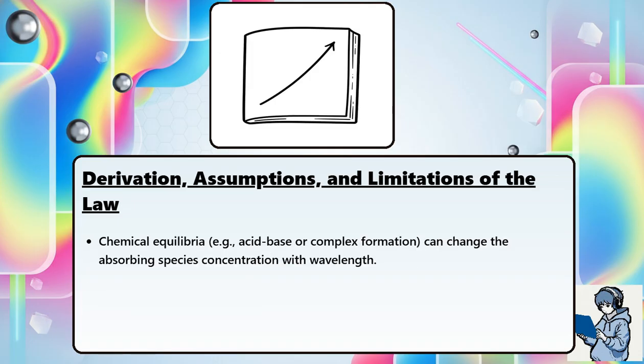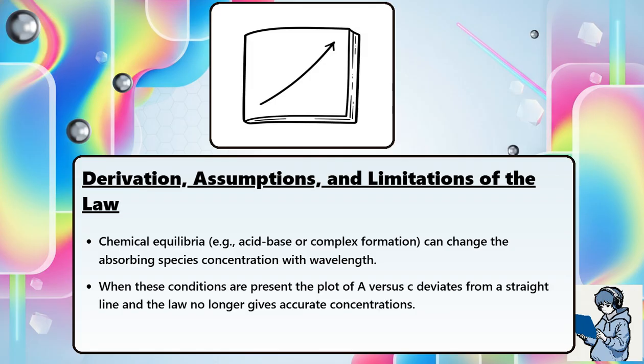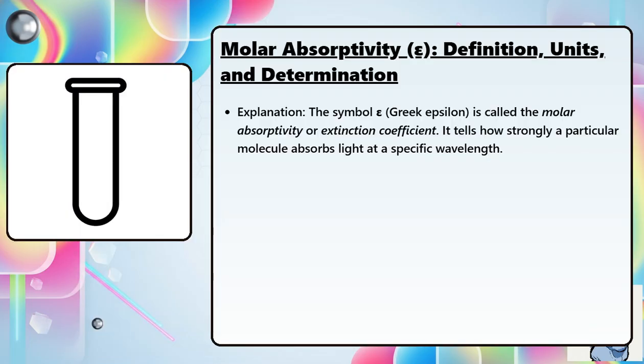Chemical equilibria, for example acid-base or complex formation, can change the absorbing species concentration with wavelength. When these conditions are present, the plot of A versus C deviates from a straight line, and the law no longer gives accurate concentrations.